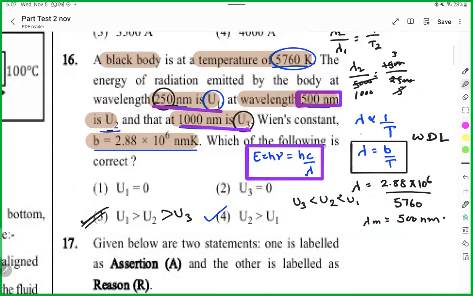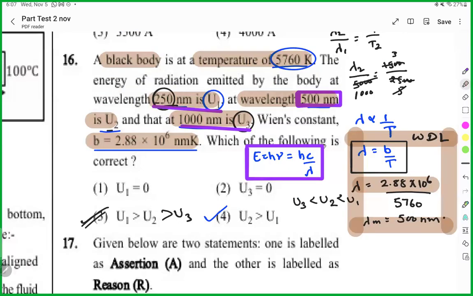If you calculate, this is the maximum value. So here you will have maximum energy. Okay, got your point. Yes, you are right. I understood what you wanted to say. Let me explain.